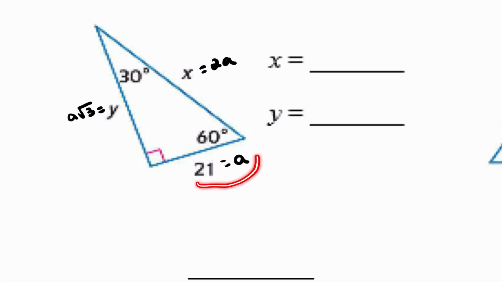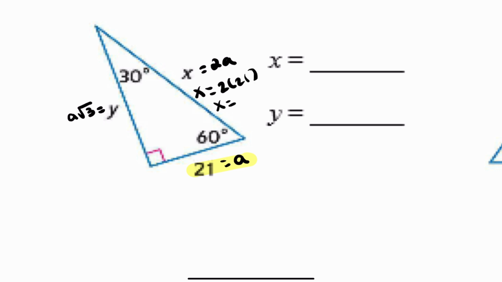But over here, we have a is equal to 21. Now, if a is equal to 21, that's perfect because we have one variable equals a number. That's what we want. So if a is equal to 21, we can plug that in. So x is equal to 2 times a, which is 2 times 21.